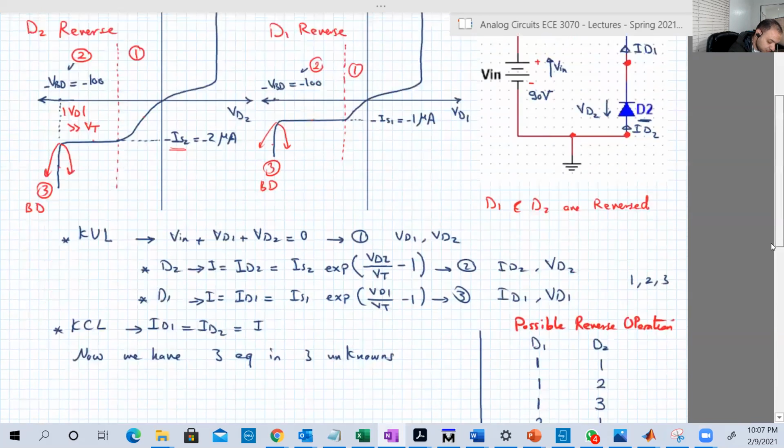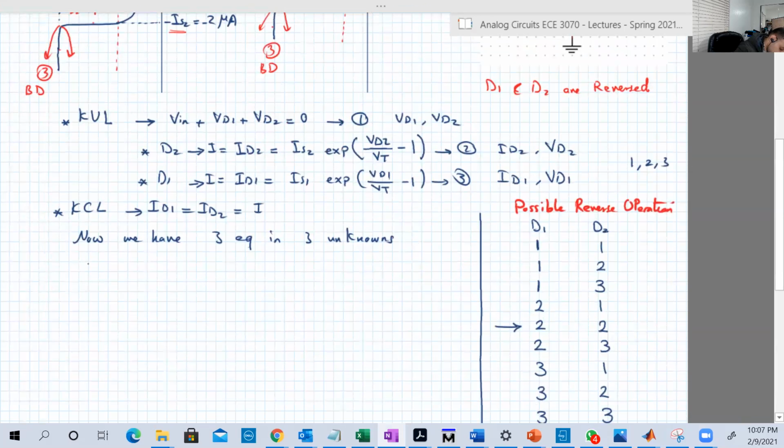So let's assume that diode 1 and diode 2 are both in region 2.